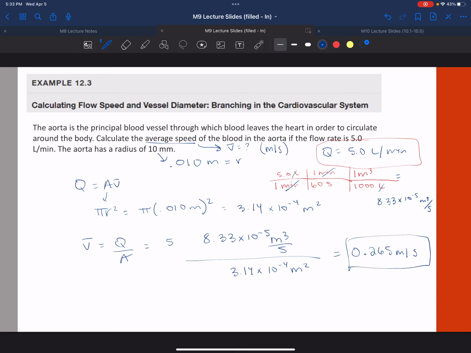If you're not sure how that happened, remember when you divide a fraction, it would look like this. So I'm going to write out the units that are involved. S, and we're dividing that by m squared over 1. So then that would end up being m cubed over m squared s. So all of these cancel, that cancels, and we're left with meters per second. And that's how you end up with this unit.